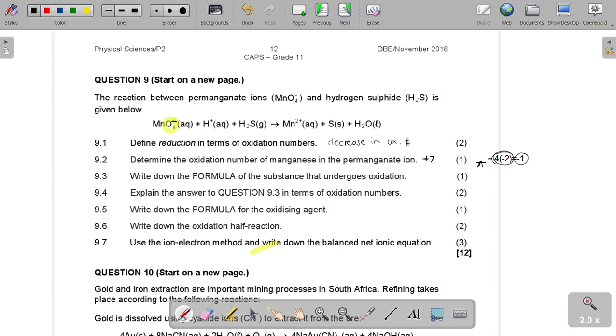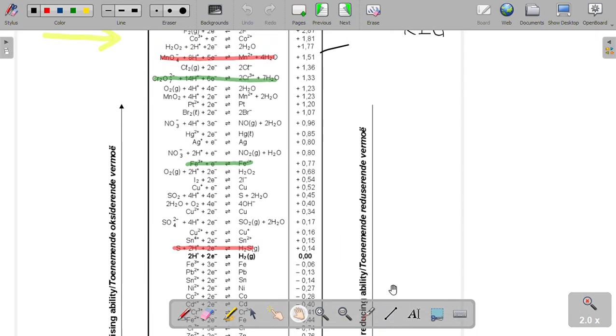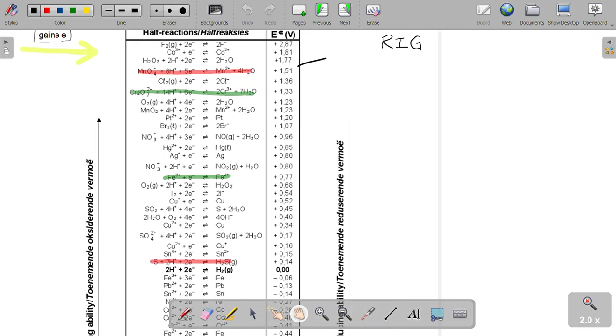Okay, now they say, write the formula of the substance that undergoes oxidation. Nou, ek het op hierdie ene so lank gegaan en die 2 halfreaksies gaan kry. So net van my gebalanseerde vergelyking, hulle gee vir jou die 2 rooies hierso, is die 2 wat ek kon identifiseer, die halfreaksies is wat plaasvind in hierdie gebalanseerde vergelyking.